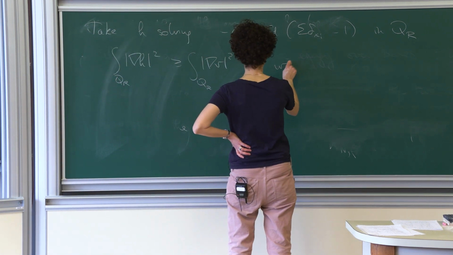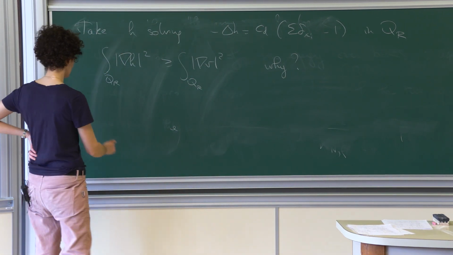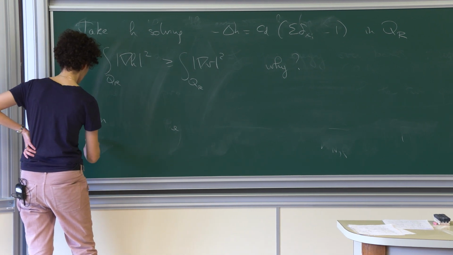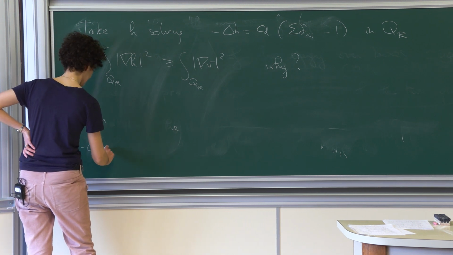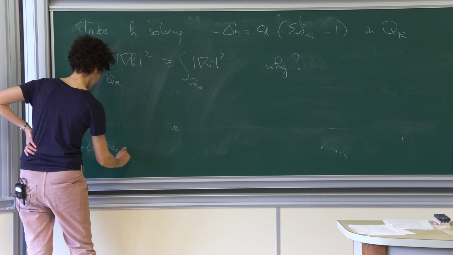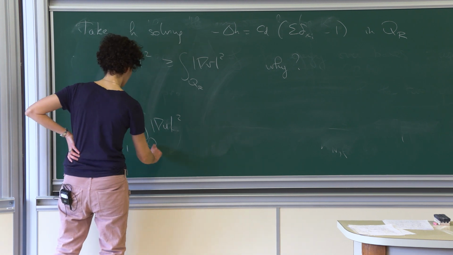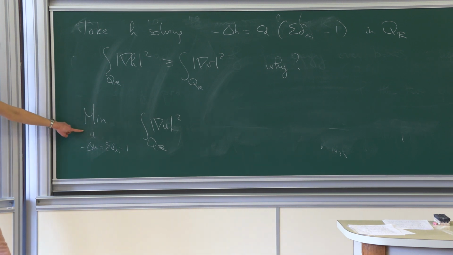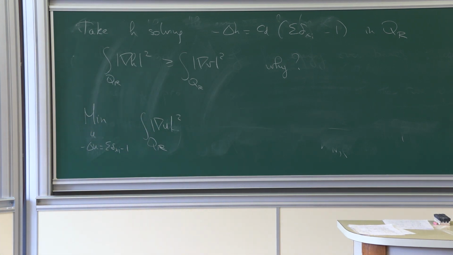Why? Well, you can pose the following minimization problem. Minimize over all u's such that minus Laplacian u is given, the integral of grad u squared in a cube. So it's a minimization with constraint of a convex problem. We should be able to solve that.